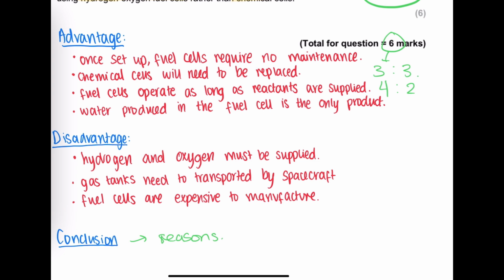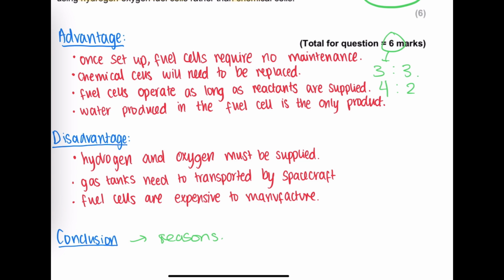And used chemical cells take up lots of valuable space on the spacecraft, while new chemical cells need to be transported to the spacecraft, which can be very expensive. Also, water is the only product in fuel cells, and this is actually pretty good because we can find a use for it, because water can be used on the spacecraft as drinking water.